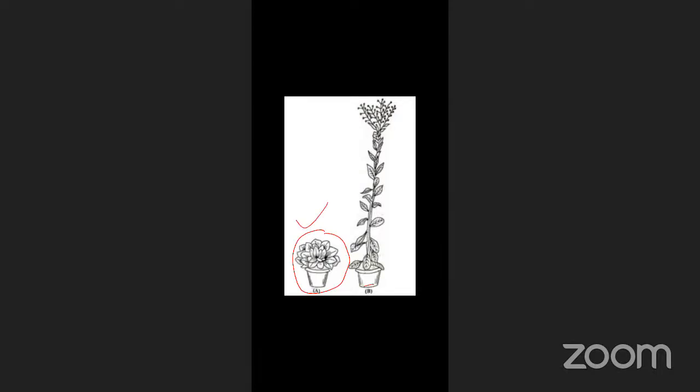But in diagram B, when we externally apply the gibberellin, here this is a node, this is an internode, and again a node. These nodes and internodes are compactly arranged in the first diagram.